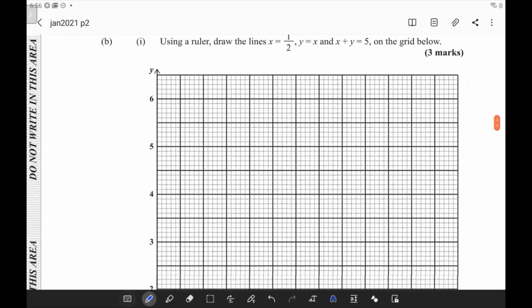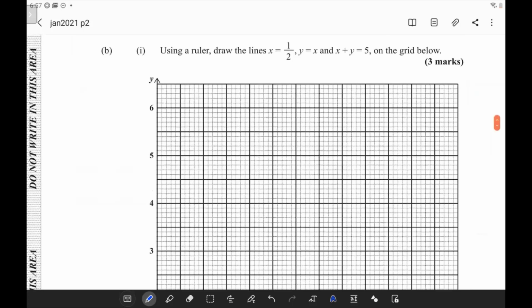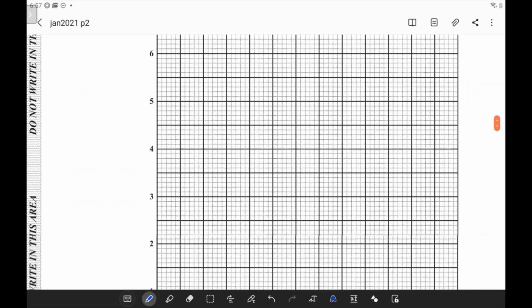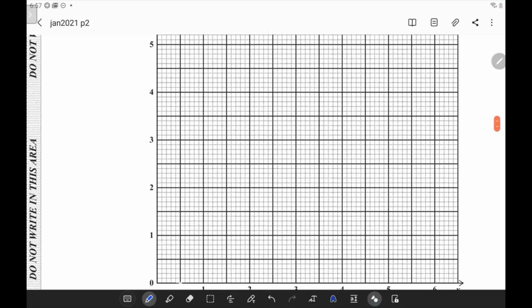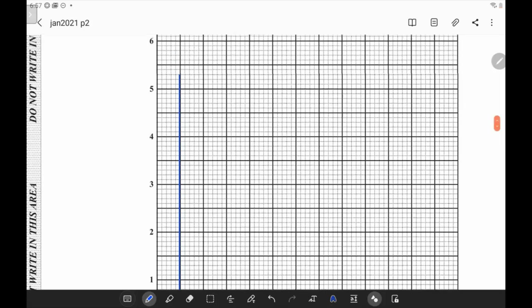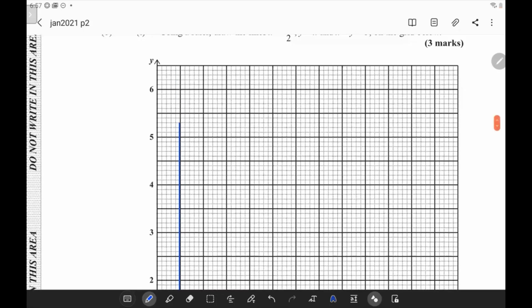Part B tells us, using a ruler, to draw the lines x equal a half, y equal x, and y plus x equal 5 on the grid below. So x equal a half, that's this line right here. Let's see if I can extend this line a little bit.